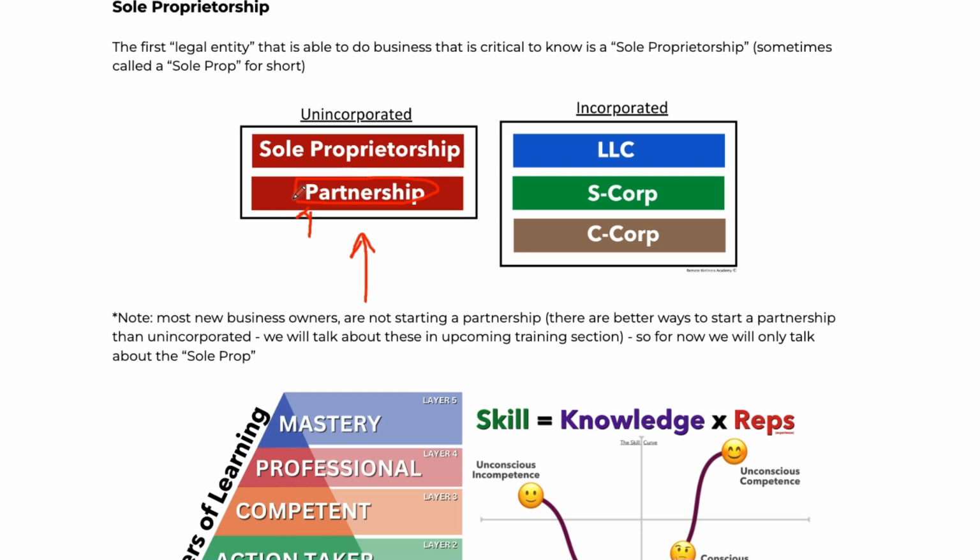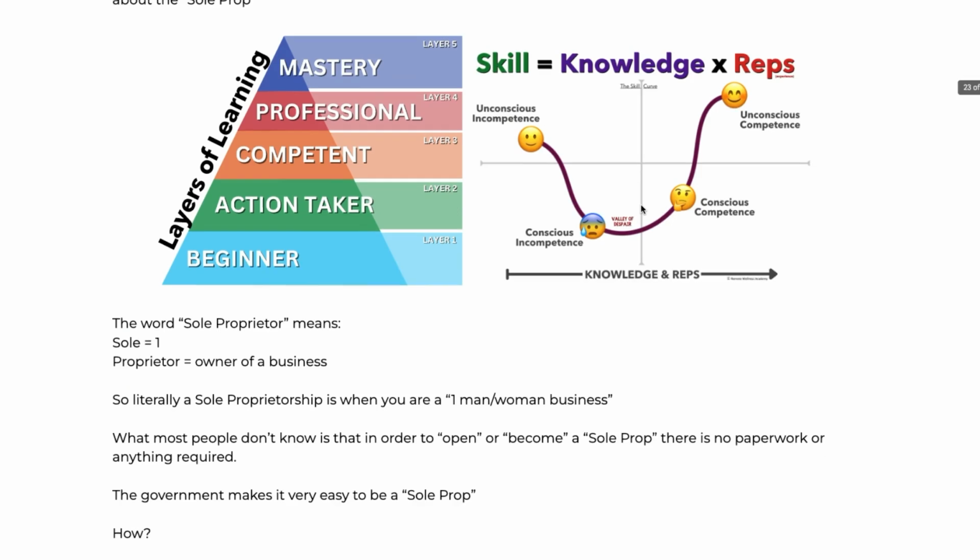And number two, there are better ways to structure a partnership using LLCs and corporations, which we'll talk about in a separate training section. So for right now, we are focusing on the sole prop, because for 80% plus, 90% plus of the people just getting started in business, that is going to be the legal entity that is most relevant.